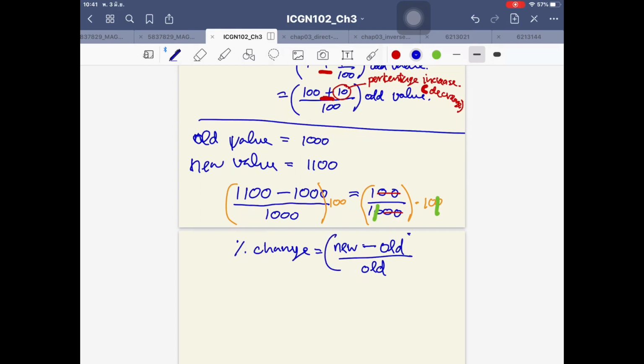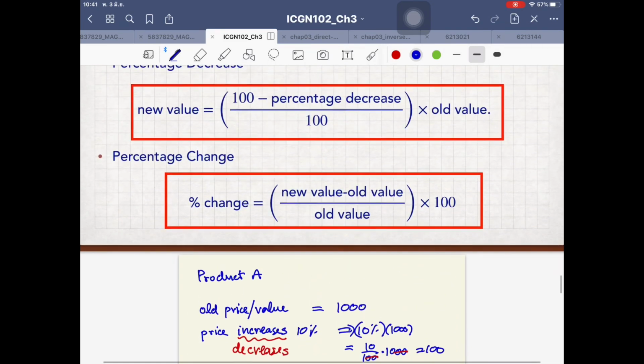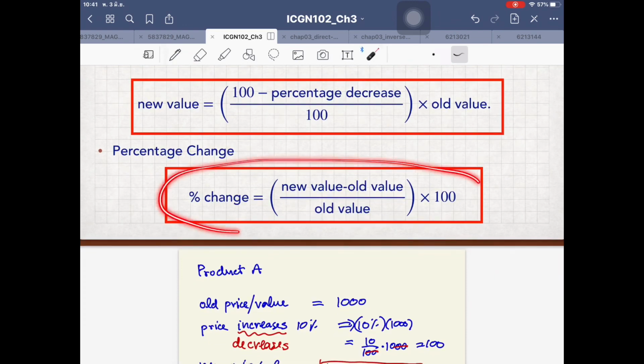All right, and then after all you need to multiply with 100 again. From the previous problem you can get back to 10%. And this will be the formula for you. All right, percent change is new value minus old value divided by old value multiplied with 100.